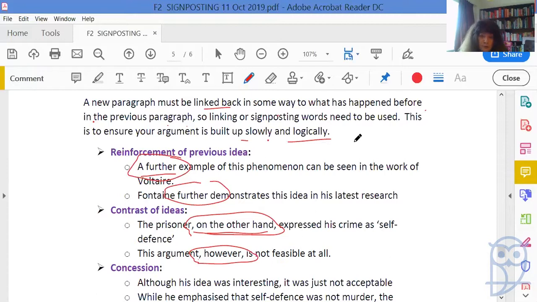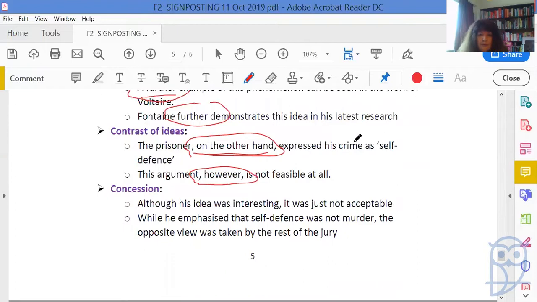You use those little connecting words and you get up to your word count. Finally, concession, when you concede something. Although his idea was interesting, it was just not acceptable. While he emphasized that self-defense was not murder, the opposite view was taken by the rest of the jury.